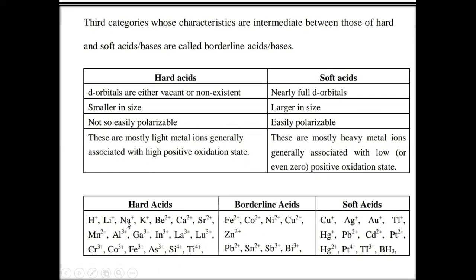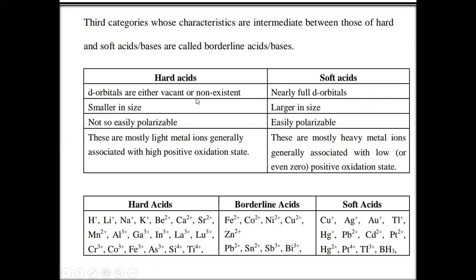So plus 1 oxidation state, plus 2, plus 3, plus 4. These come under the hard acids. They either have vacant orbitals, they are very small in size, they are not polarizable, and they have a high positive oxidation state. Now coming to the soft acids.